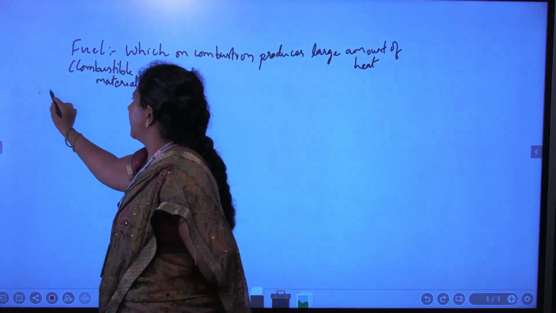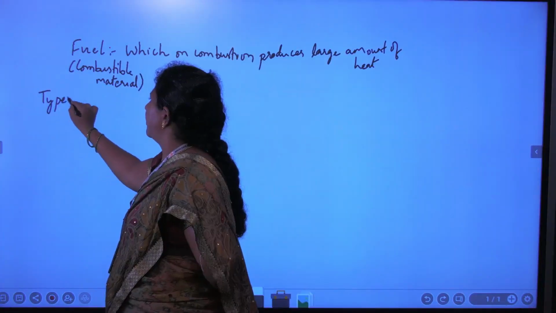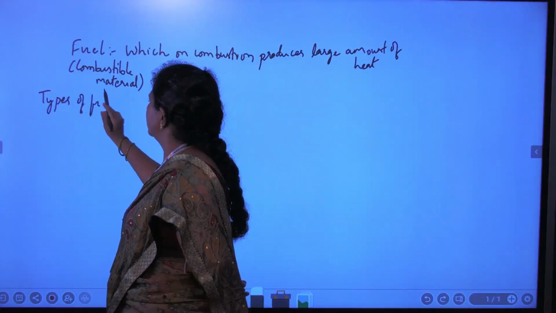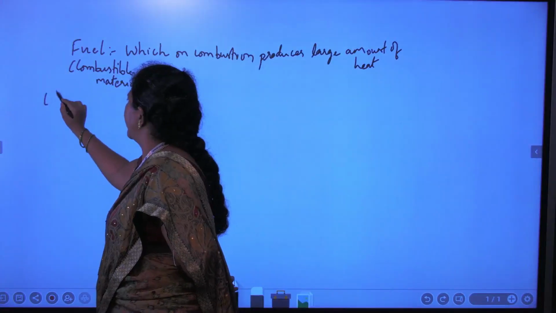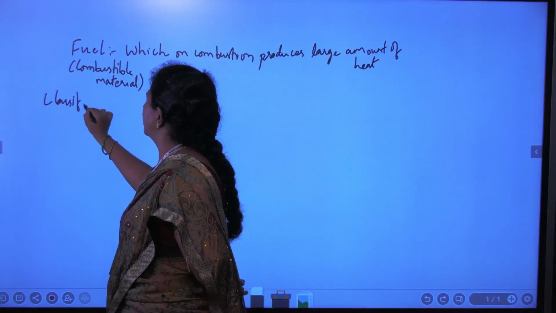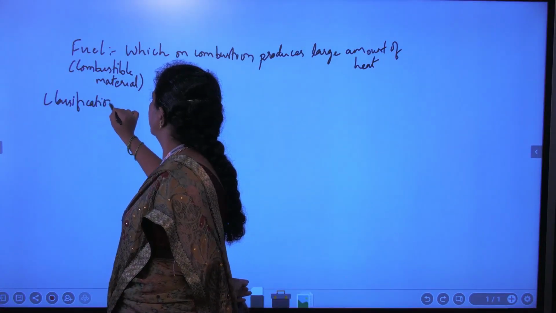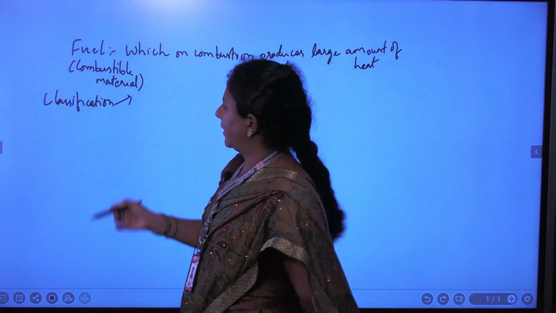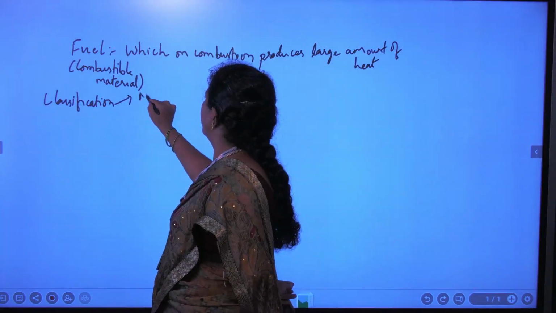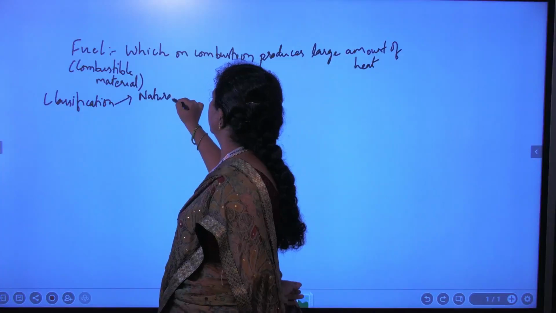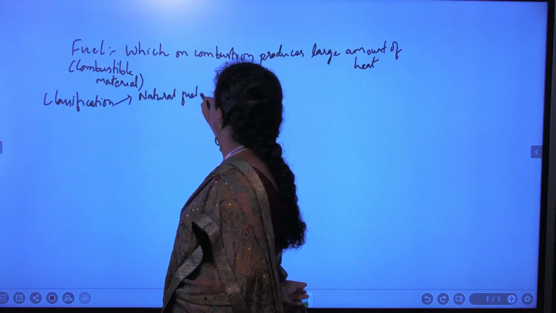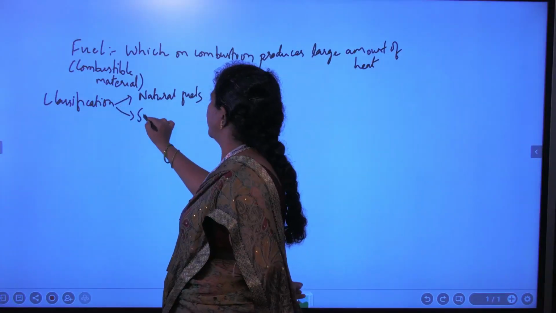Next we have discussed about the types of fuels or classification. So fuels are basically classified as natural fuels and synthetic fuels.